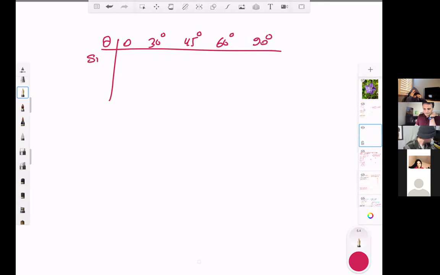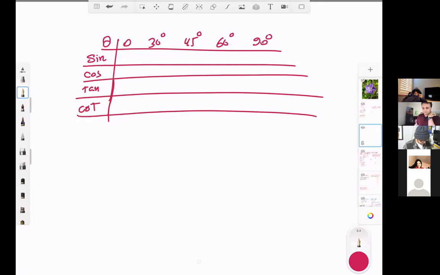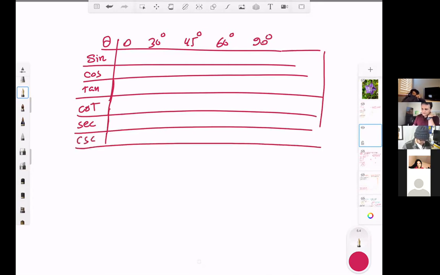You should know sine, cosine, tangent, cotangent, then secant and cosecant. If you know the unit circle, you will do very well in this course.